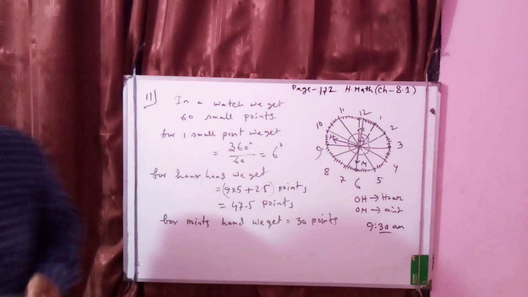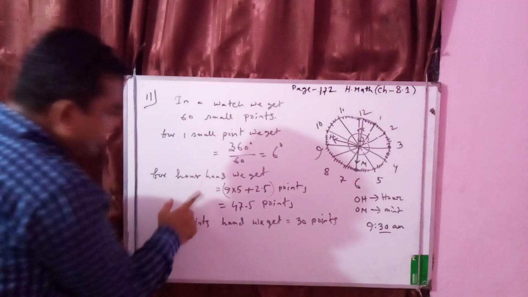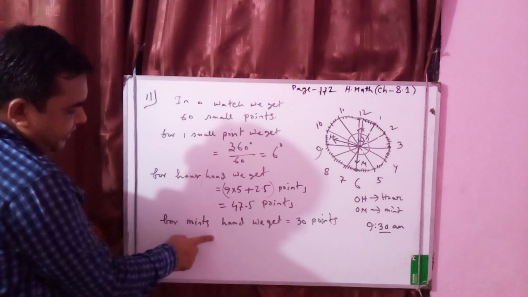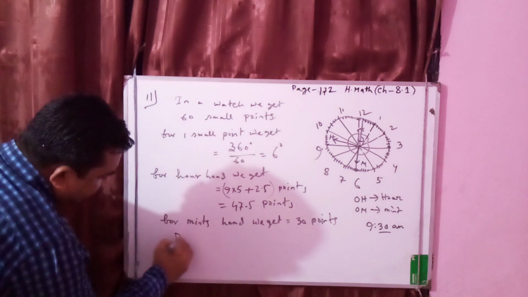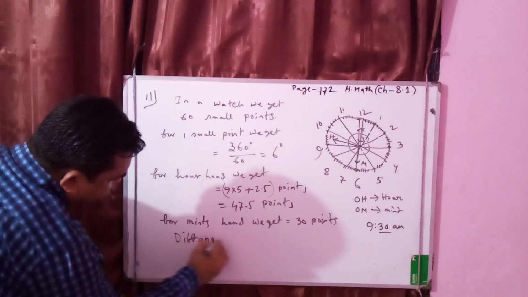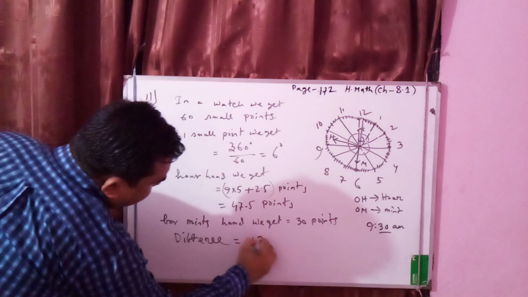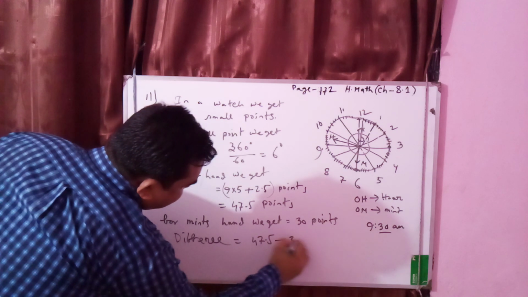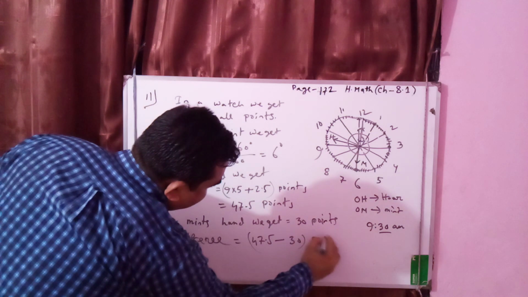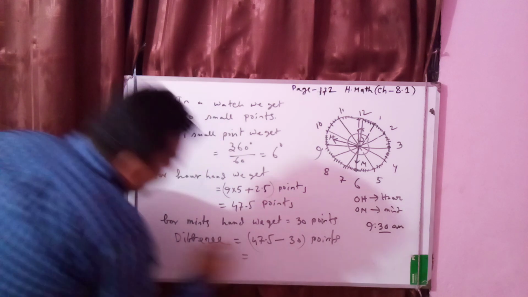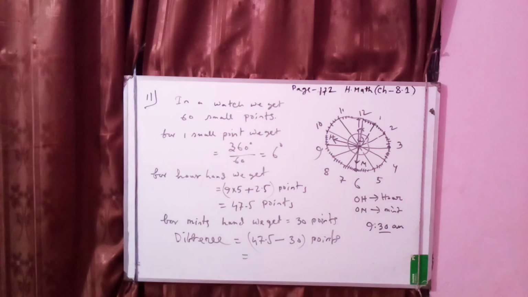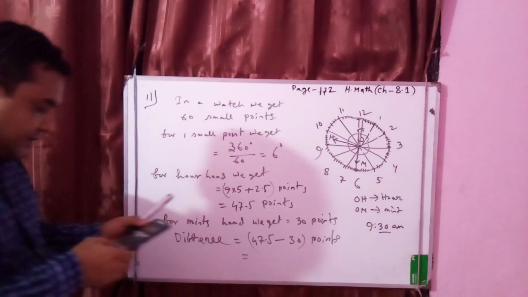Then the difference between the hour hand and minute hand is 47.5 minus 30.